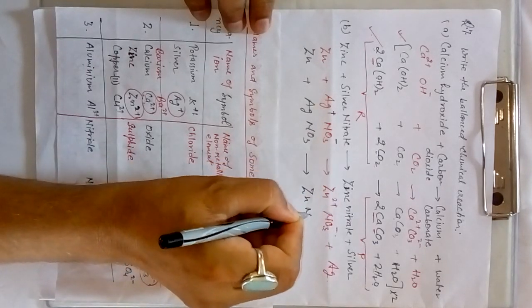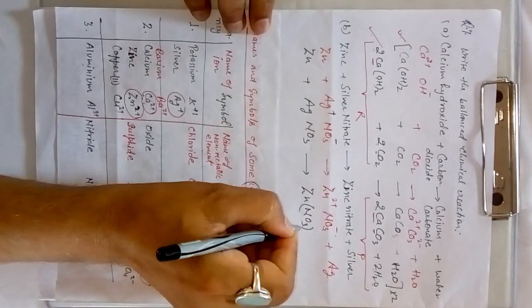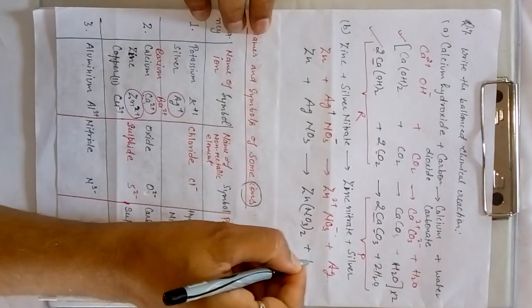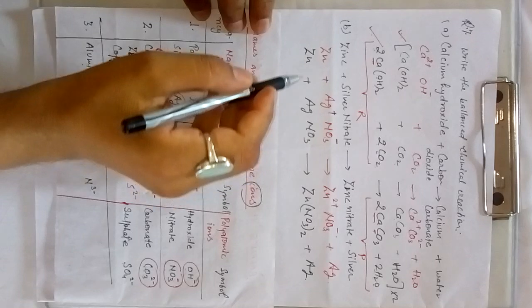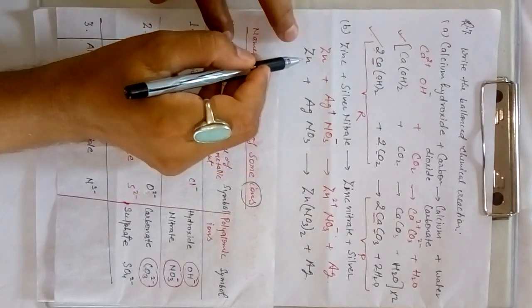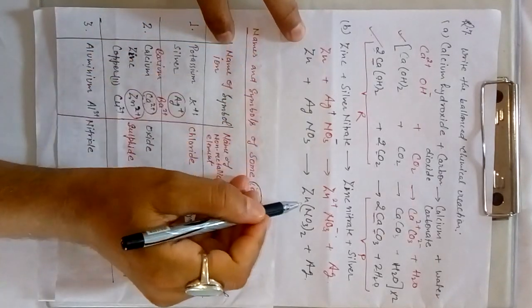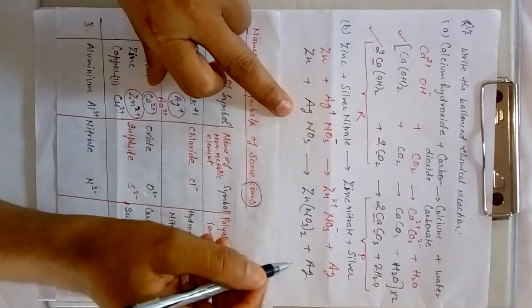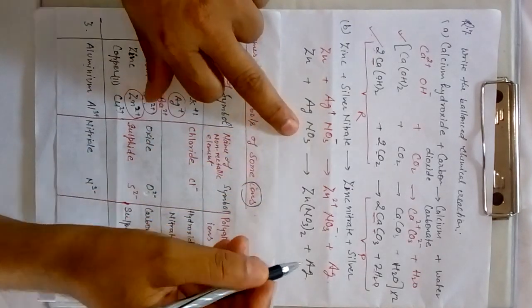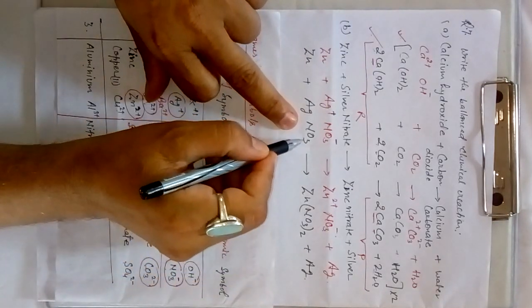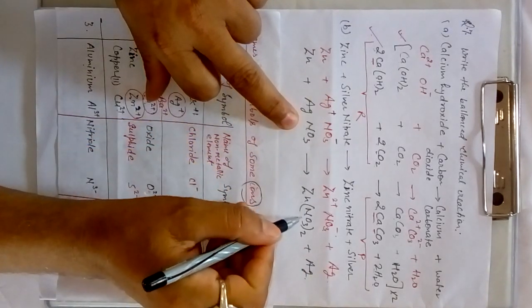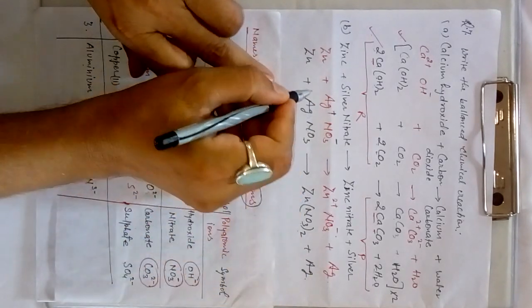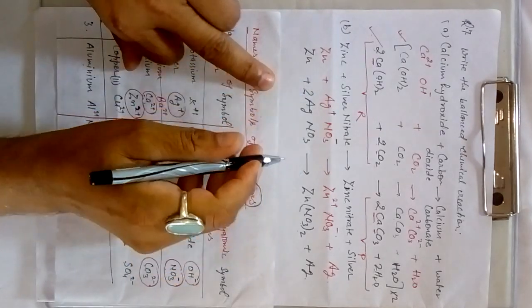Zn(NO3)2 plus Ag. Now we are going to check, Zn 1 atom, here is Zn 1, Ag 1, so Ag is also 1, but NO3 is in one quantity and here NO3 is in twice, so multiply 2 here.